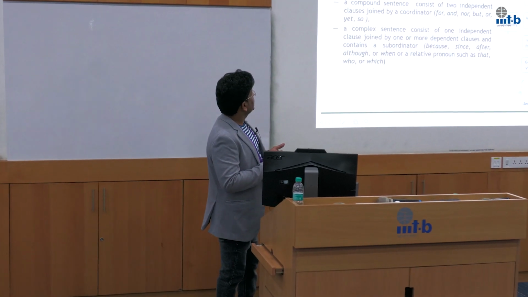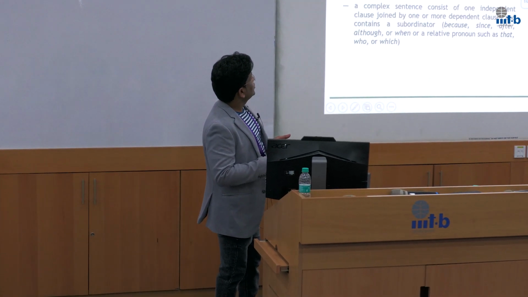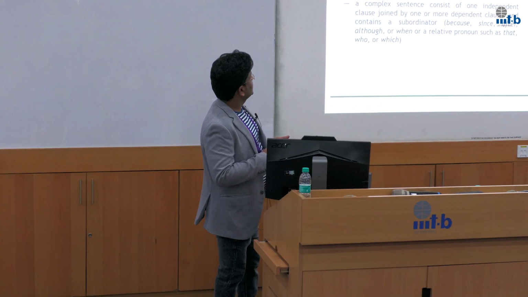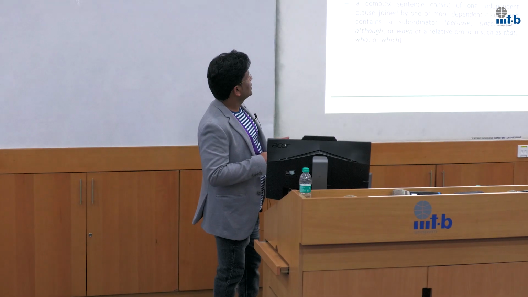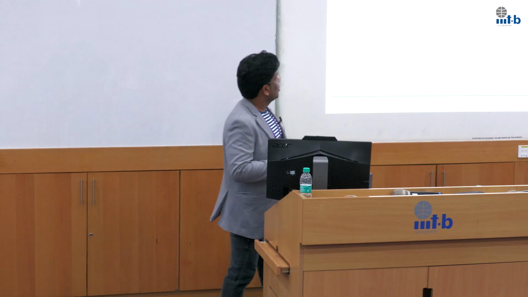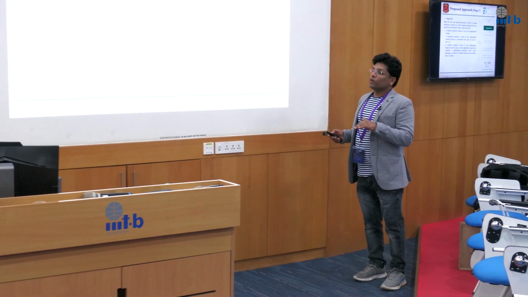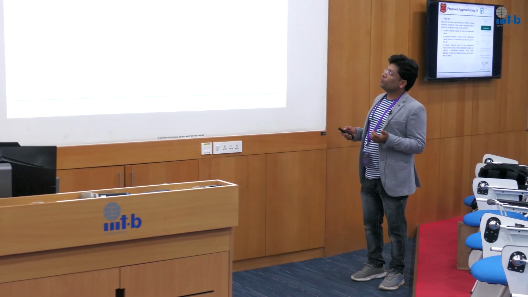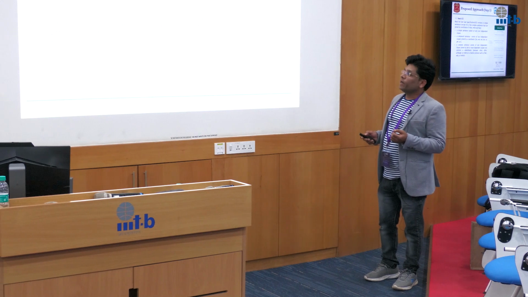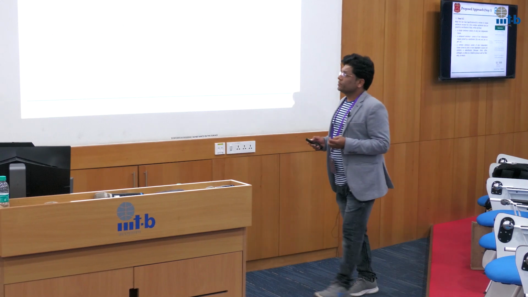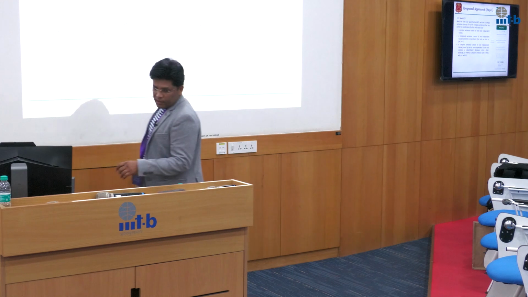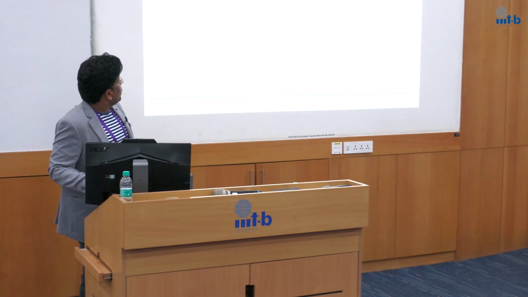Compound sentences join two independent clauses using coordinators: for, and, nor, but, or, yet, so. We also have complex sentences. The complex sentences consist of one independent clause and one or more dependent clauses. They are joined using subordinators such as because, since, although, when, and others.